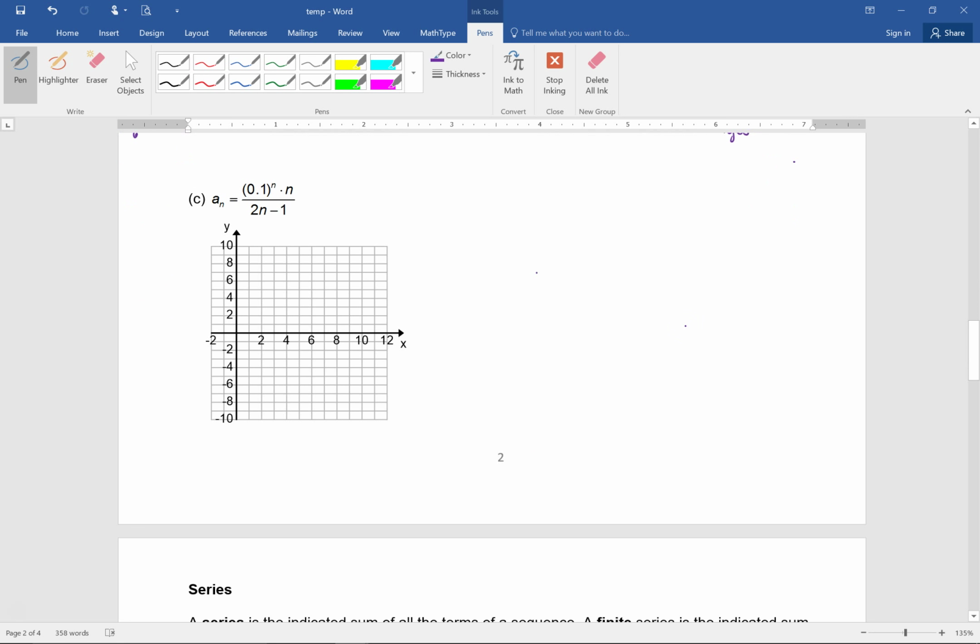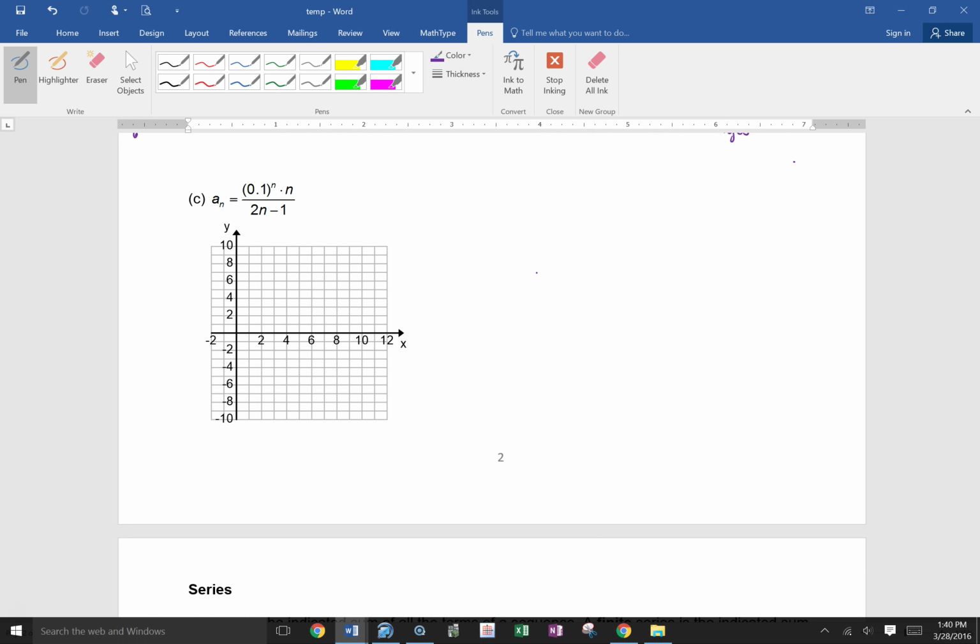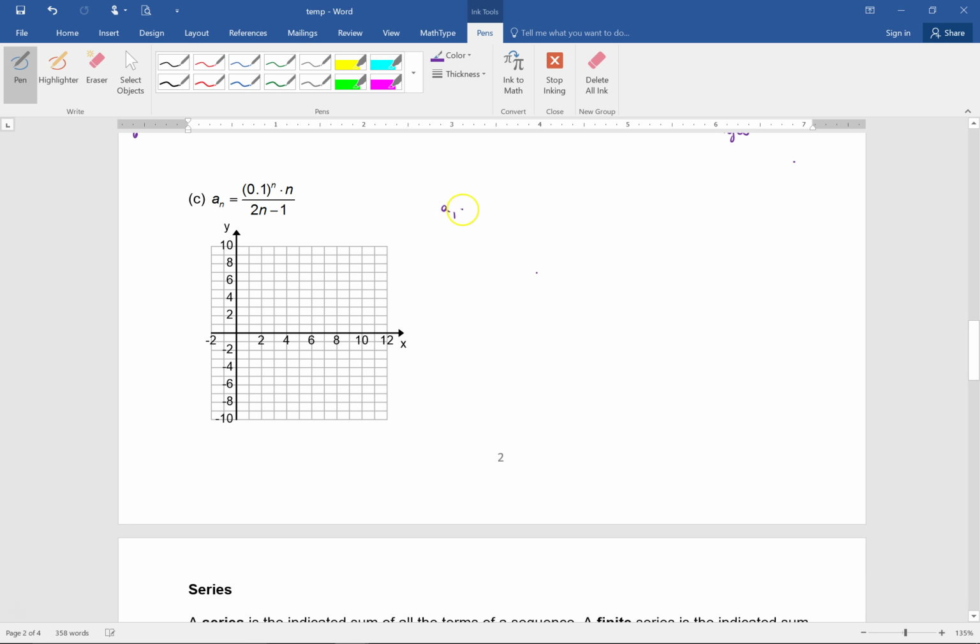All right. This one, obviously you plug this in the calculator. Don't waste too much time doing this. So A1 is 0.1 times 1 over 2 minus 1, 0.1. A2 is 0.0067, and you see here the importance of going into greater number of sig figs, right?